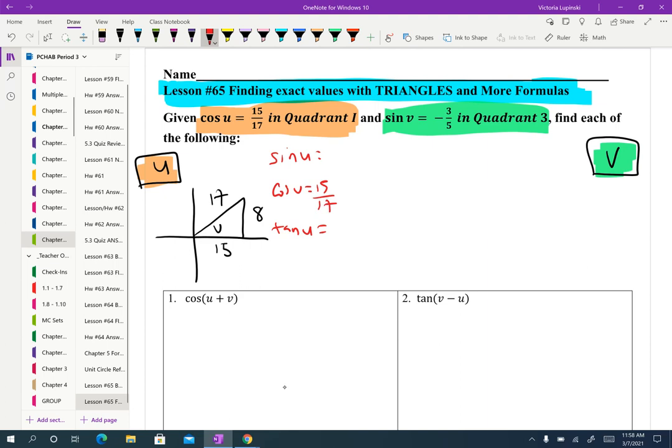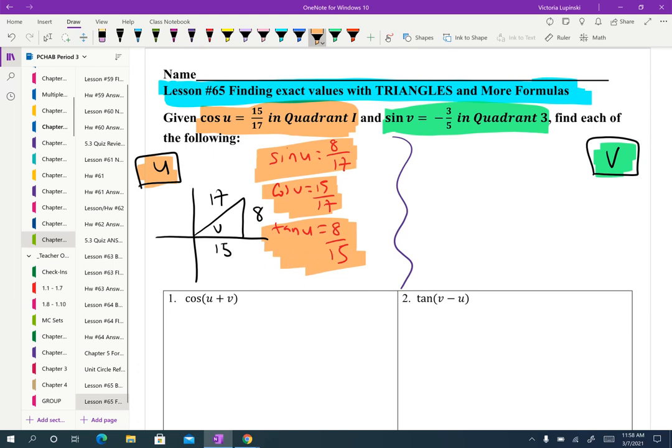So the sine is the opposite over the hypotenuse, which would be 8 over 17. And then your tangent would be your opposite over your adjacent, which would be 8 over 15. And what I officially have here is all of my u information. So for anything in the upcoming problems that ask you about u, you have to use this triangle and then this sine, this cosine, and this tangent.